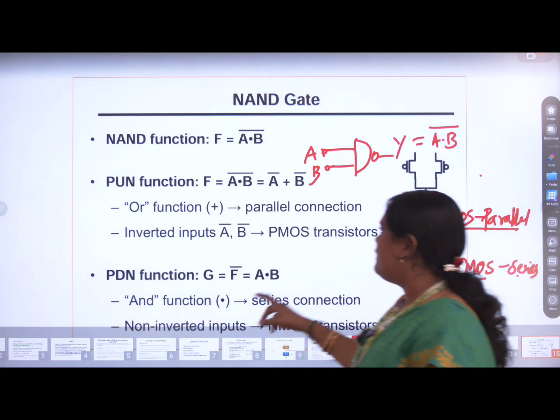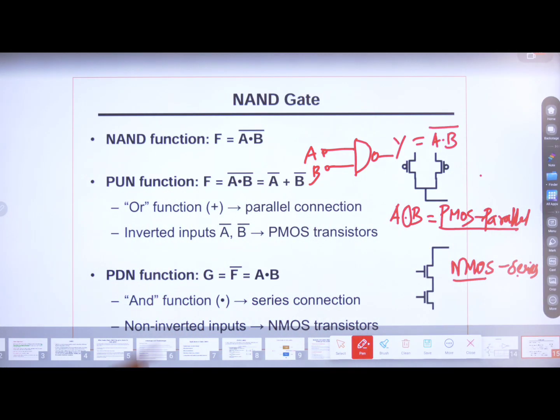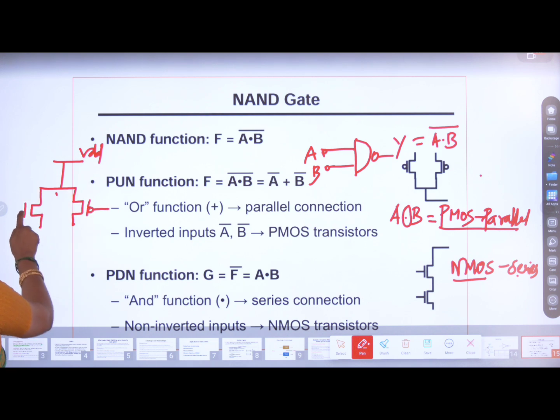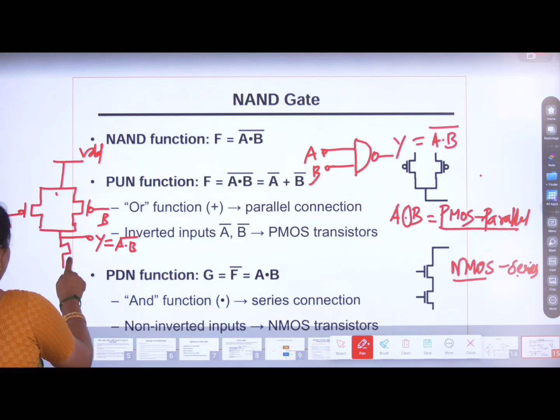Now here I will draw a NAND gate structure using static CMOS. So VDD, immediately we need to connect two PMOS transistors in parallel with the inputs A and B. Then next to it, immediately we need to get output Y, which is nothing but A dot B the whole complement.